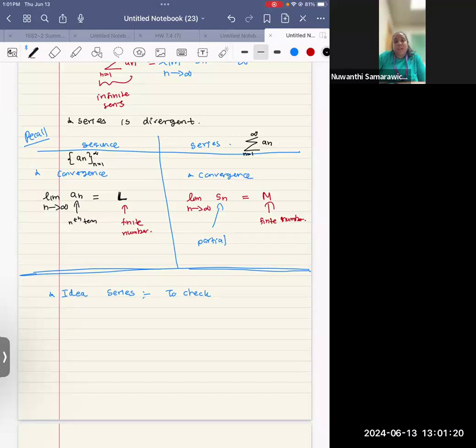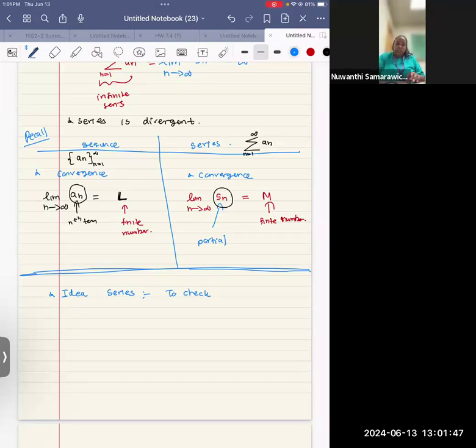There will be different kinds of sequences and different kinds of partial sum equations. This Sn is different from question to question, like a sub n was also different, all the terms are different. It's the same thing for series also.